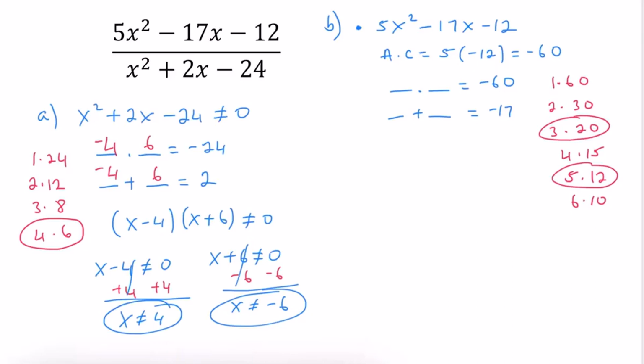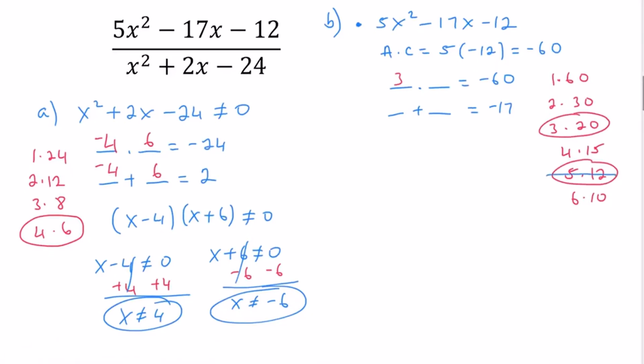But here we need negative 60, so one of them needs to be negative. That means that we have to subtract the numbers eventually. So 5 and 12 will not work. So here, we need to use 3 and 20.